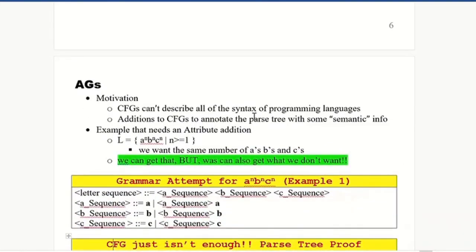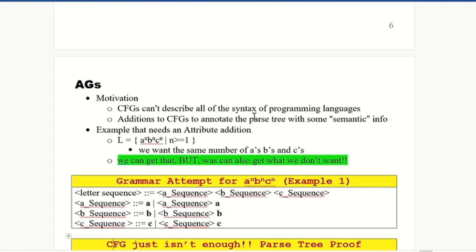Attribute grammars. What you see in front of you is not an attribute grammar. It's just a regular grammar that you've seen before. It looks more complicated only because all the choices are on one line and the non-terminal symbols are a little bit longer in name. Other than that, there's nothing different.